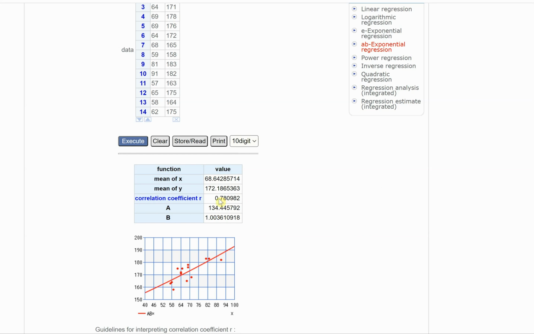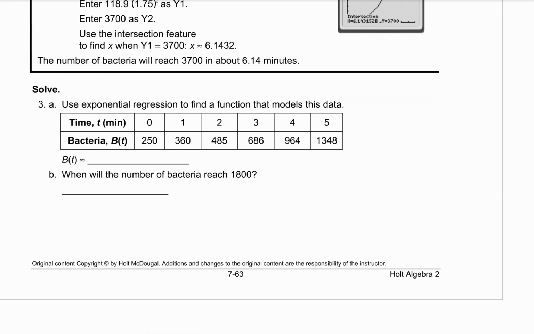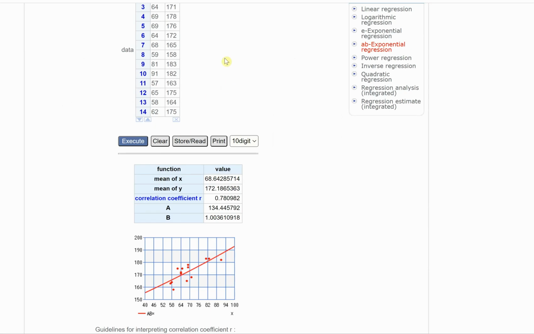Well, 0.78, probably not. But if we now want to go back and enter these numbers in, 0 through 5 for X. So I'm going to, hold on, I'm trying to go there.